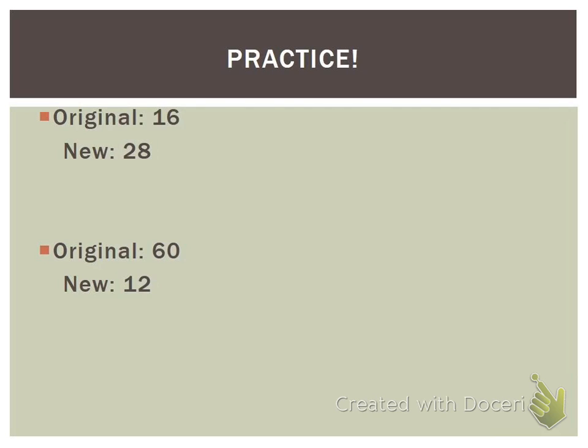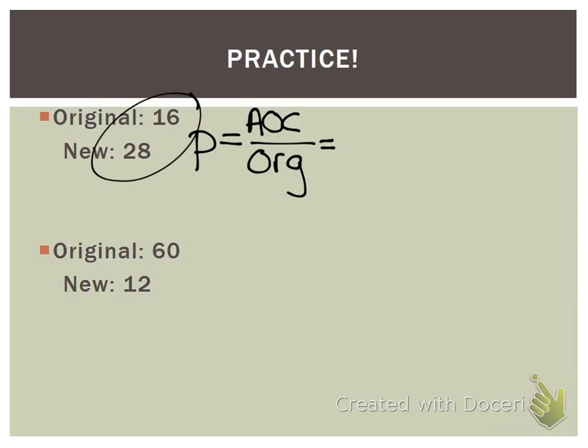Are you done with the first one? P equals AOC over ORG. What's the amount of change? What is the difference between these two numbers when I subtract them? 12. That's my amount of change. It's not going to tell you what it is.